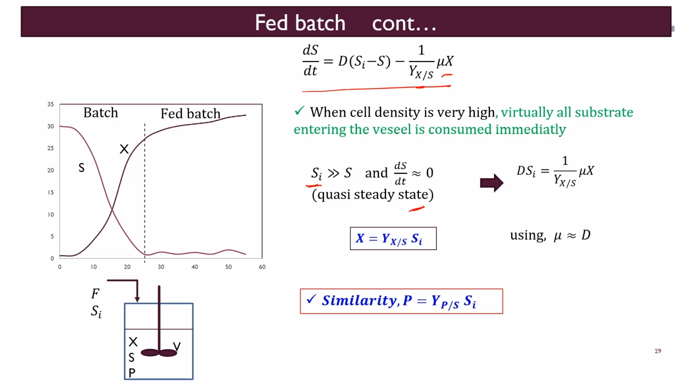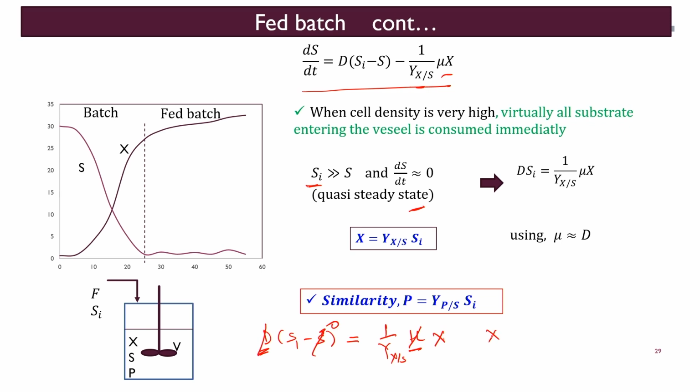So, we will end up with D(Si minus S) equals 1/Y(x/s) into mu into x. Now, further, as you know, we say mu equals D, so this can be cancelled out, and this term goes to 0.